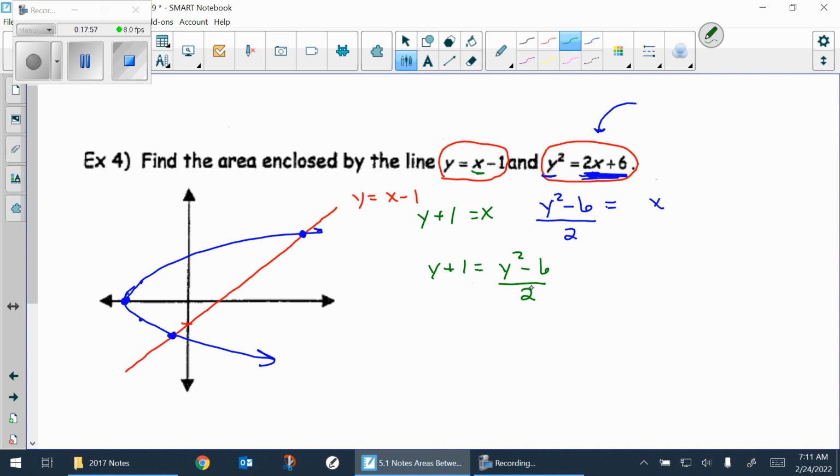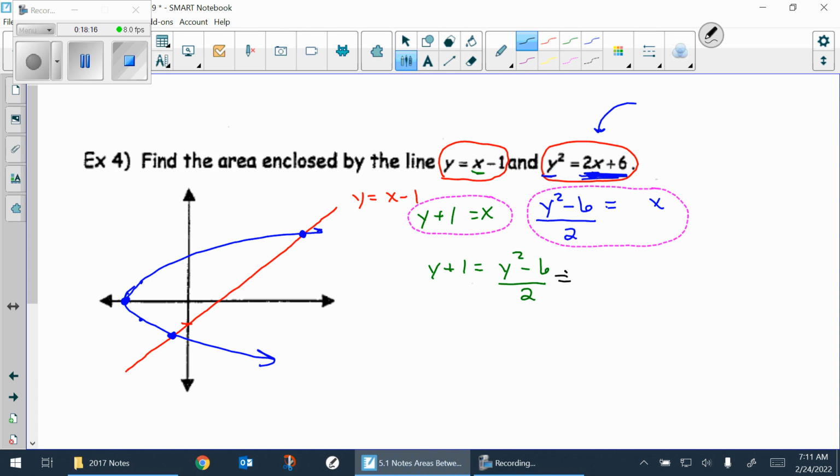Now, keep in mind, we do have x equals equations, and if we've got x equals equations, most likely this is going to be in terms of y. So we're going to keep an eye on that. But let's work on solving this.